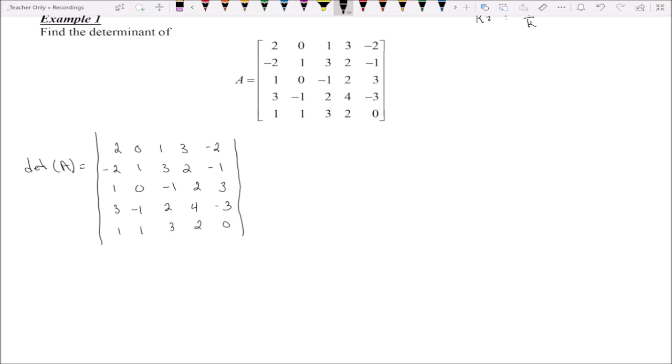It's just to reduce it to an upper or lower triangular. By default, I will be converting it to an upper triangular at all times. Since that is our goal, we take a look and we say, well, it would be easier to deal with this one up in the first row. So let's go ahead and switch row 1 with row 5. Now remember, we're switching rows, so the result will be multiplied by -1.